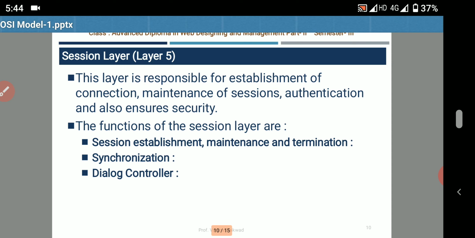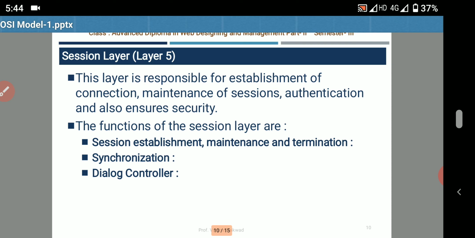The functions of the session layer are session establishment, maintenance, and termination. Next is synchronization and then dialog control. So in session layer, we do authentication and authorization.